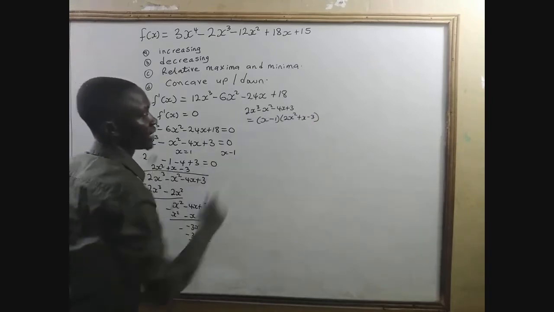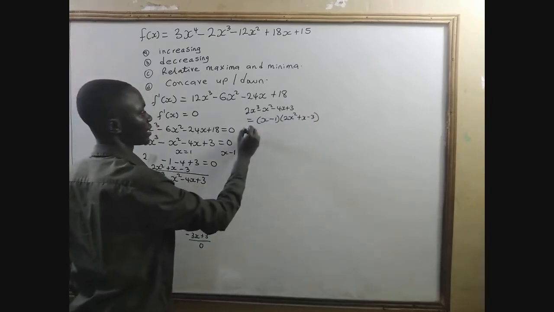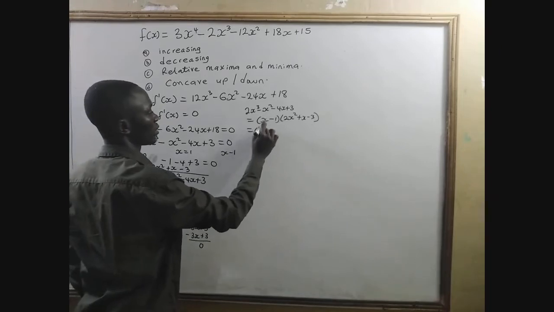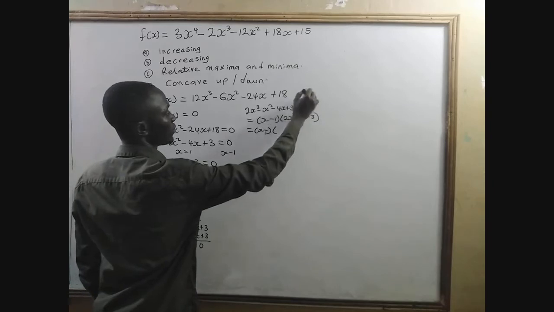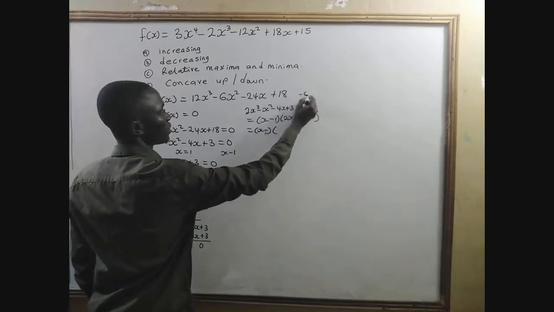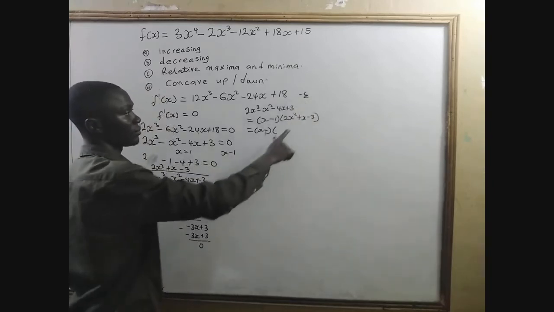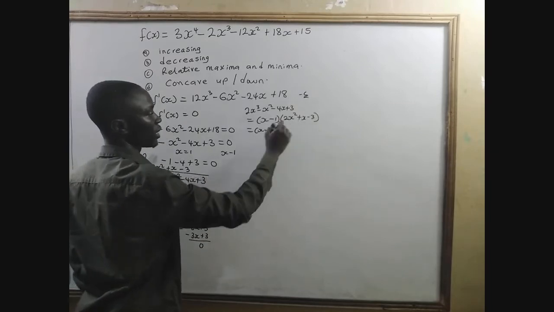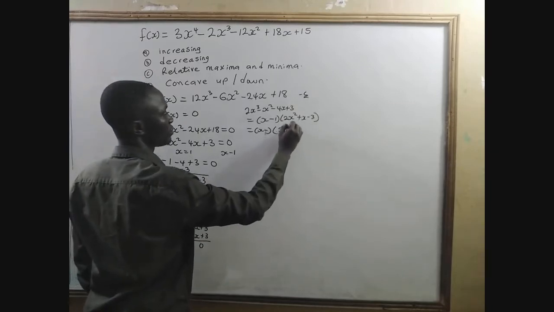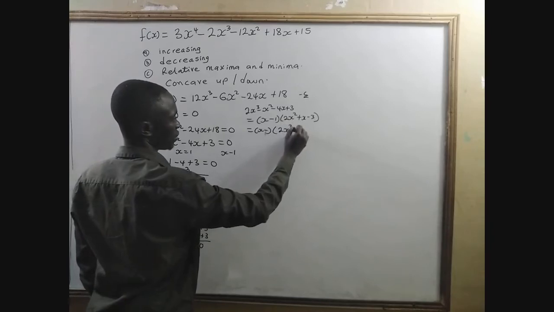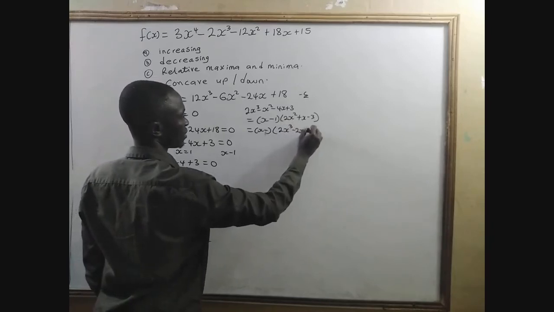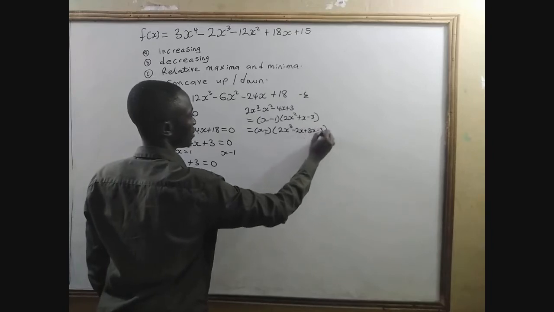So this is quadratic, so let's simply factorize that. We have x minus 1 times 2 times minus 3 is minus 6. So factors of minus 6, if we add to get positive 1, we have 2x squared minus 2x plus 3x minus 3.